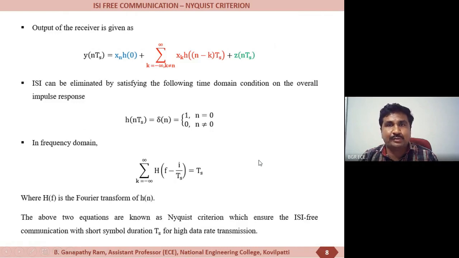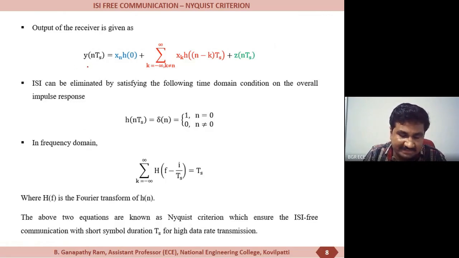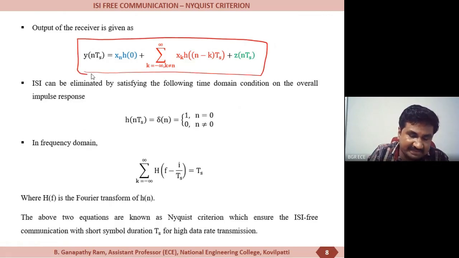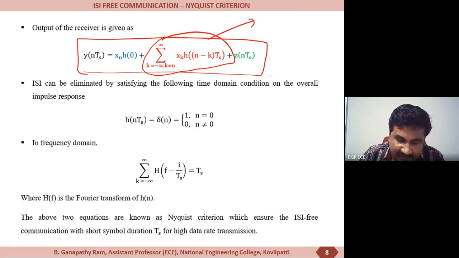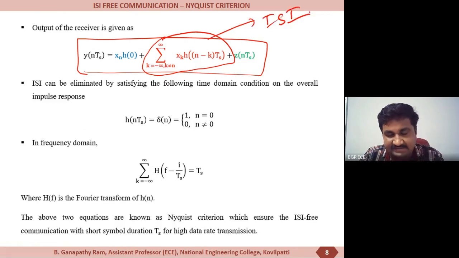If we want to avoid this inter-symbol interference, we need to do a mathematical analysis. Let us take the output of the receiver, that is the output of the sampler, which is represented by y of nTs, whereas this particular term is called inter-symbol interference.